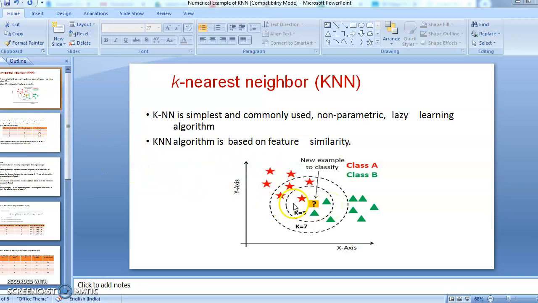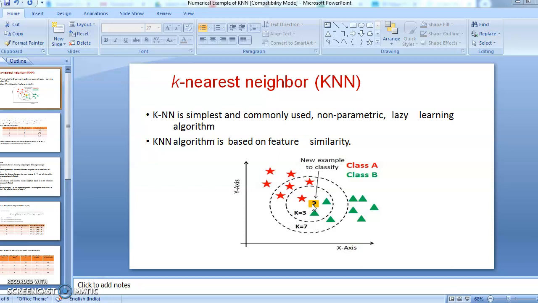KNN algorithm is called the lazy learning algorithm. Why is the word lazy used for this? Because this algorithm simply works on an assumption, and during the training data set it does not use any other point rather than the distance, so there is no generalization.